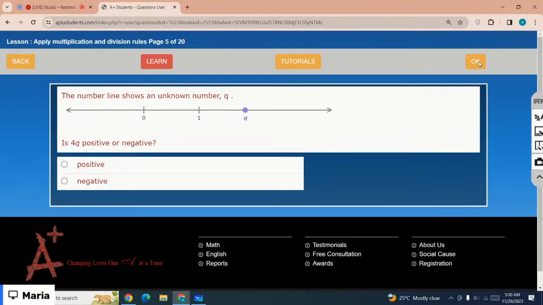The number line shows an unknown number q. Is 4q positive or negative?